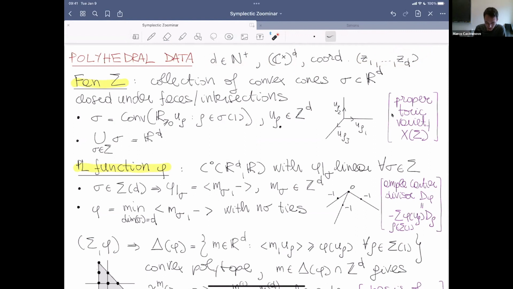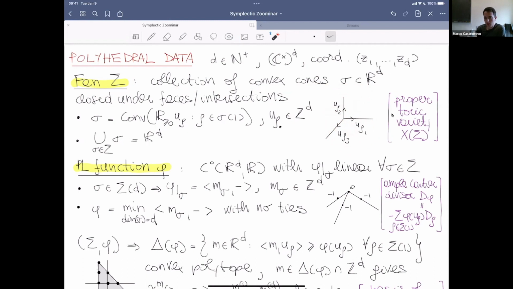So what is polyhedral data? Well, it's the data of a fan Sigma, and a fan is a collection of convex cones in R^D. I drew a picture here. In this picture, you see an example where there are 7 cones: a 0-dimensional cone, 3 one-dimensional cones, and 3 two-dimensional cones.